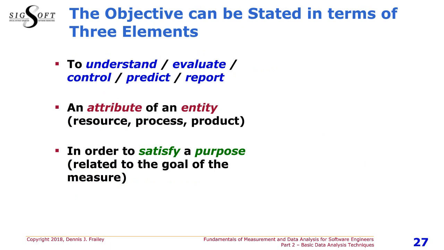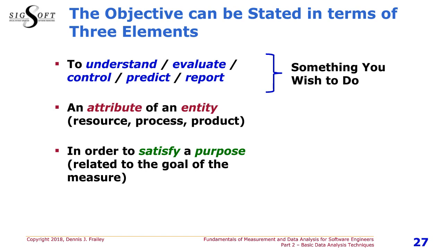One technique for doing that is to think of 3 elements for the objective of anything you're measuring. What are you trying to accomplish? In other words, what do we want to do? And you use words such as the ones shown there: evaluate, control, predict, report, whatever. And then what is it that you are hoping to actually report on?